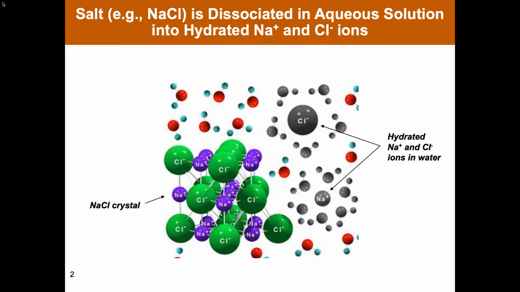At least simple salts like sodium chloride would be dehydrated in a crystal lattice. If you take that crystalline material and dissolve it in water, these ions are then surrounded by water molecules, and the electrostatic forces that come about by having a fixed charge on these ions really attracts water.